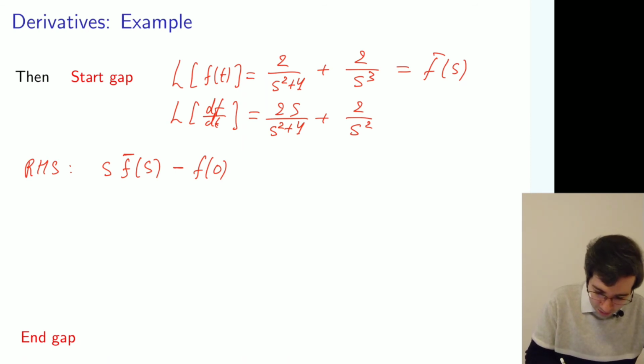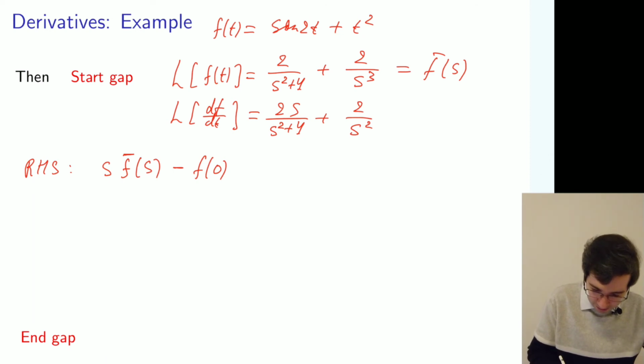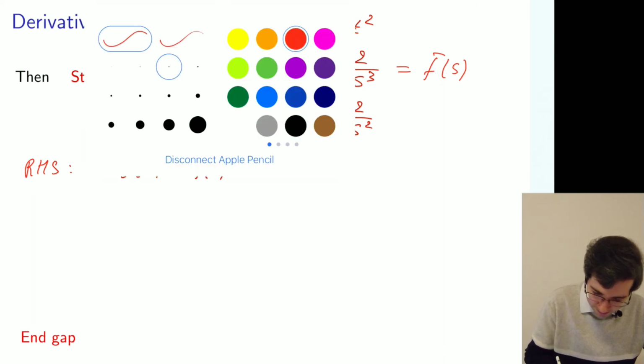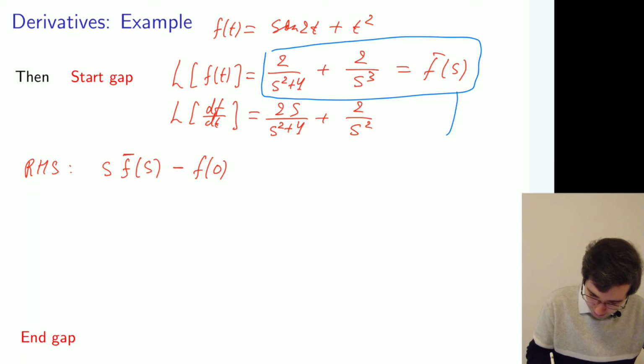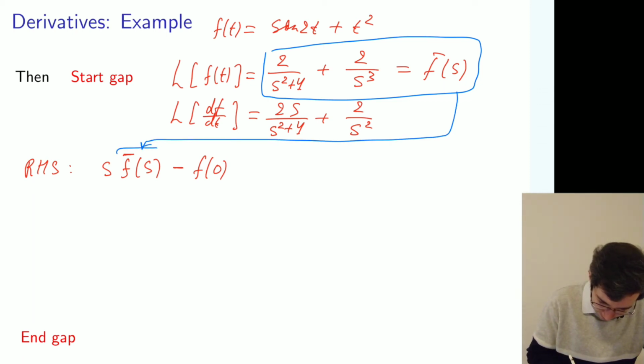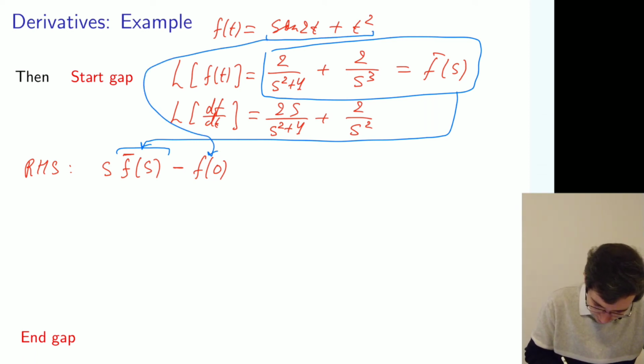Since our function f of t is sine 2t plus t squared, we can just plug in that property directly into here, and also evaluate this function at 0.